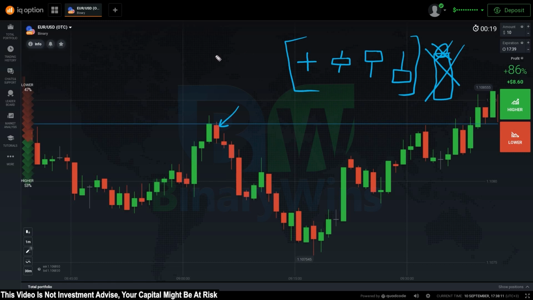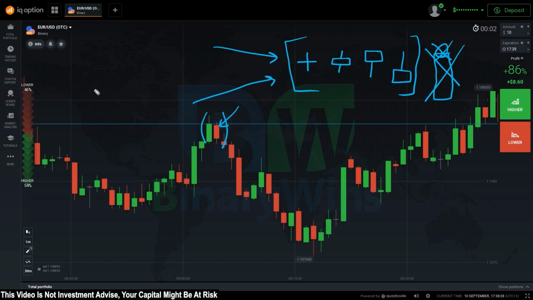Either it should be from the reversal candles formed on the level, or it should create a reversal pattern with the previous candle.